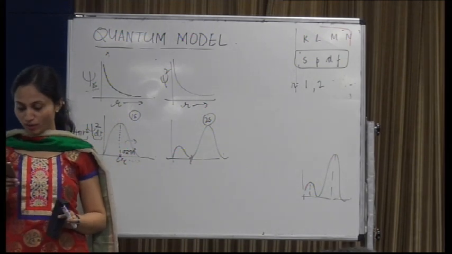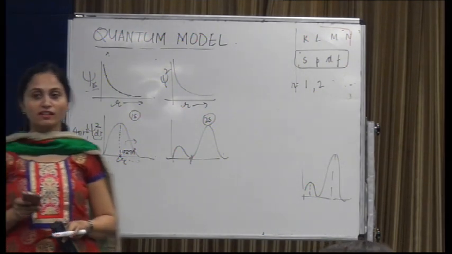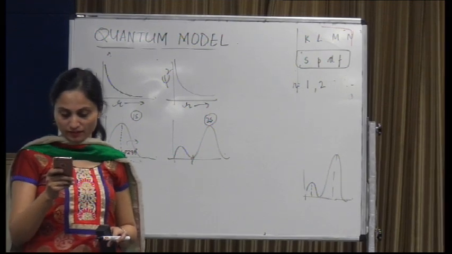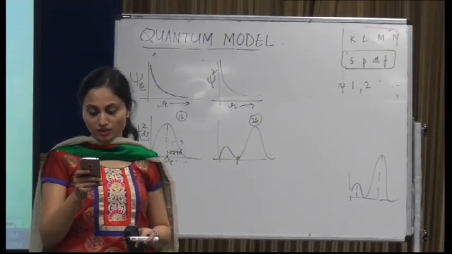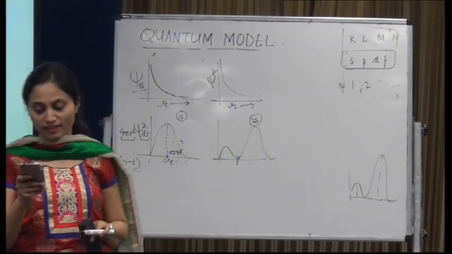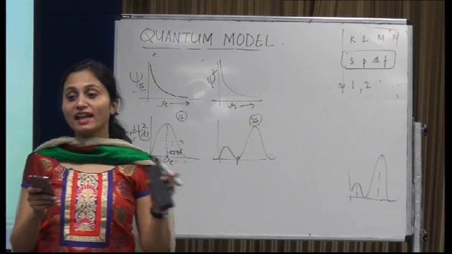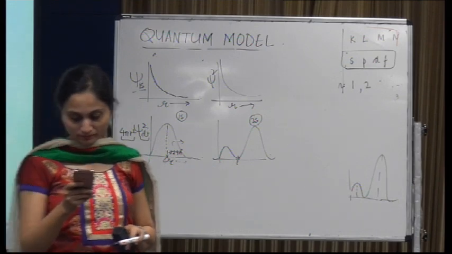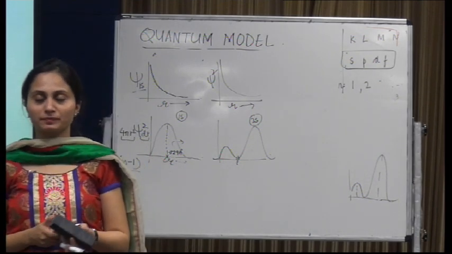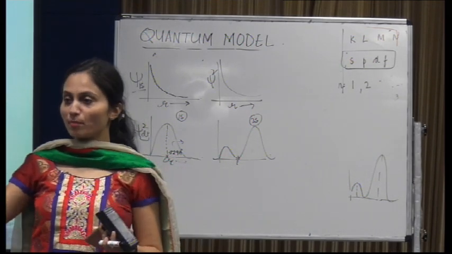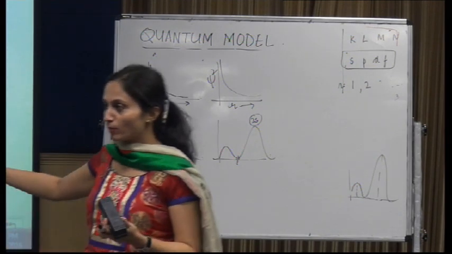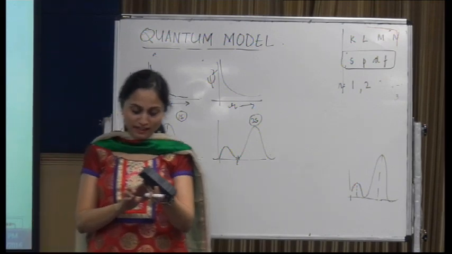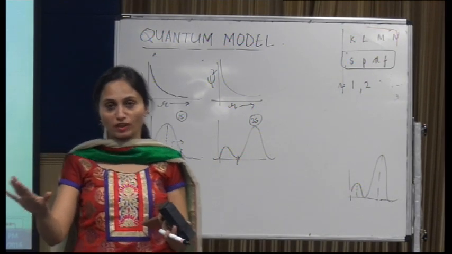Just note down the total number of nodes. No, wait. The number of nodes for 1s, 2s, 3s is n minus 1. The number of radial nodes, just write down, I am sorry, just correct it.